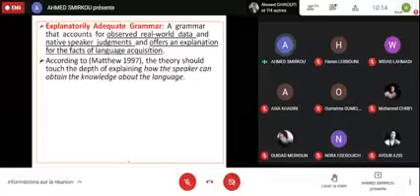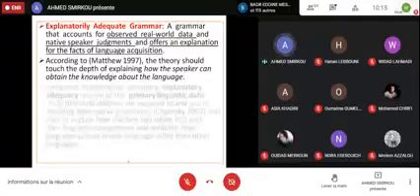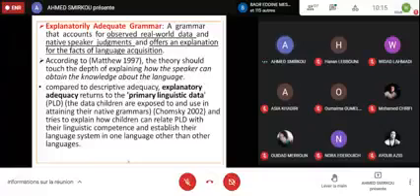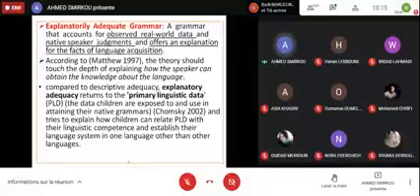Which means if you analyze a certain data, you ask the question, for example, how do children acquire this form? So compared to descriptive adequacy, explanatory adequacy returns to the primary linguistic data, PLD.